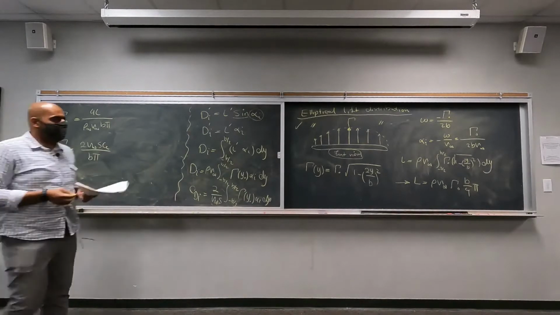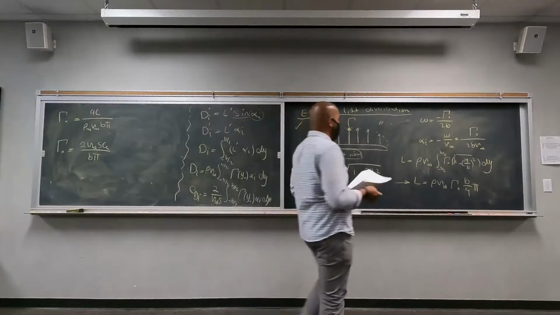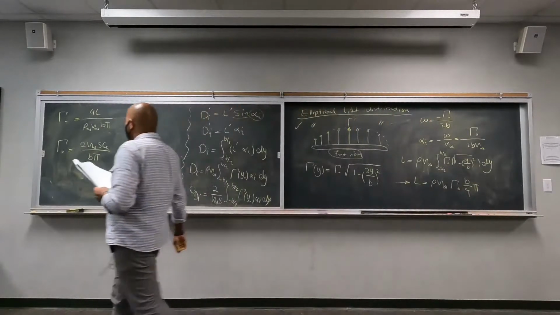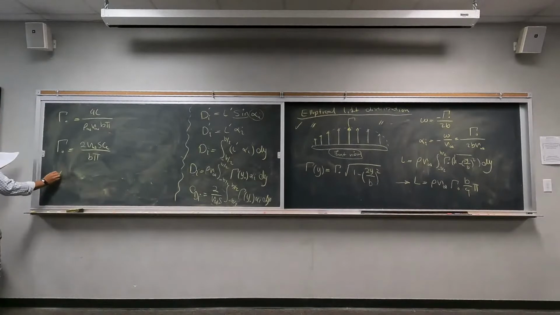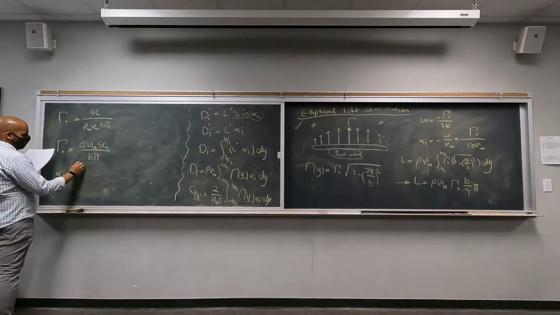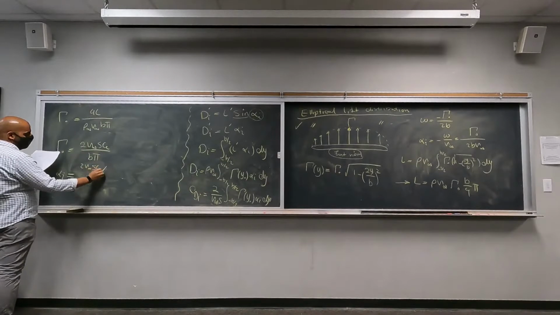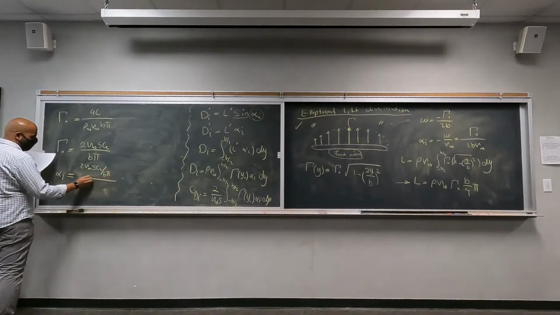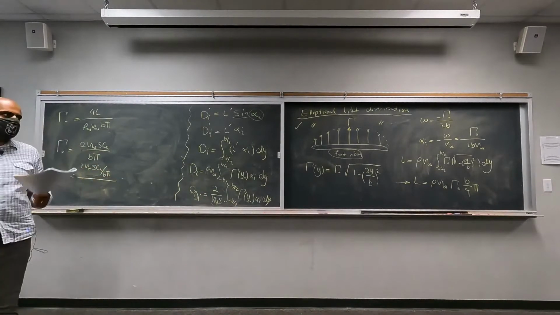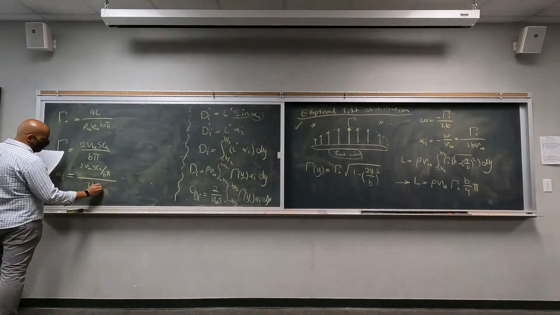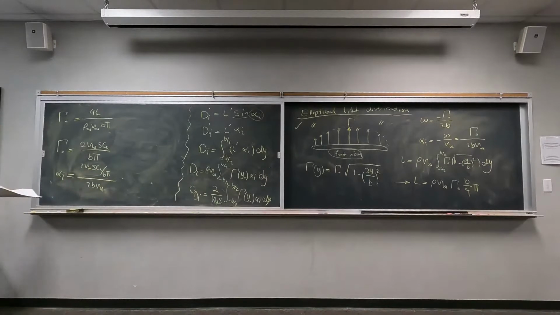But here we have the induced angle of attack as a function of gamma naught. If we want to have it as a function of CL, you can just plug in gamma naught over there. I'm just going to use this value for gamma naught, S CL divided by b pi, divided by whatever we have over there, that's 2 b v infinity.